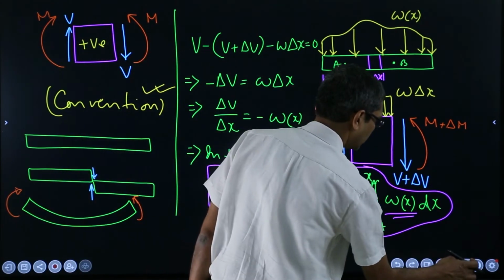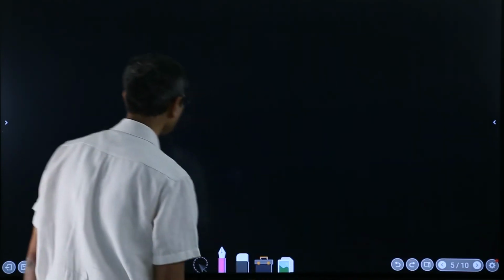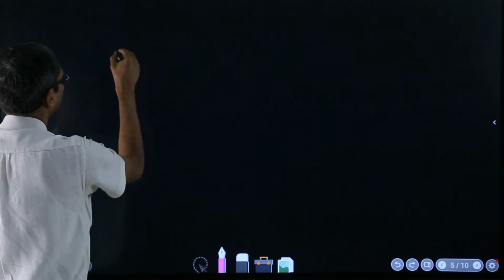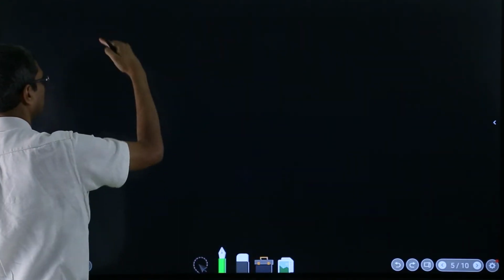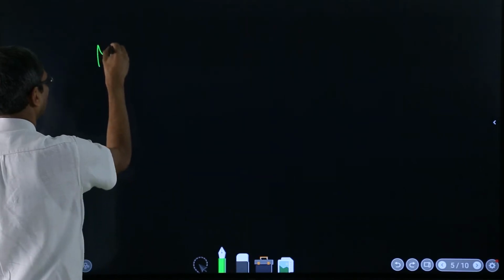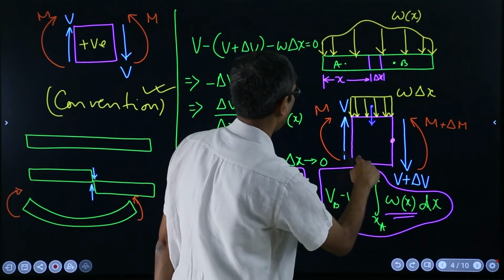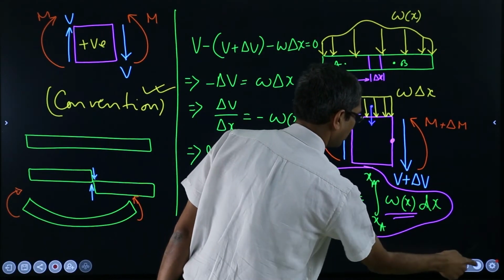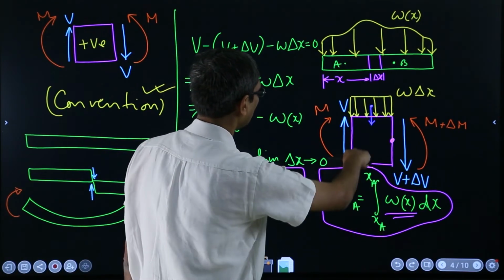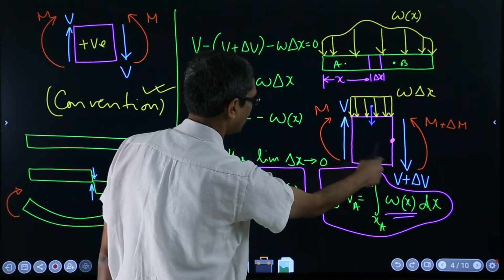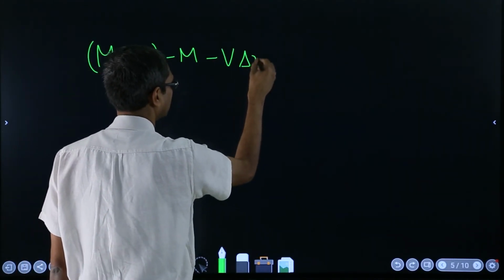Take the moment about this point, with positive say counterclockwise: M plus delta M, then minus M, then V times delta x minus V times delta x.